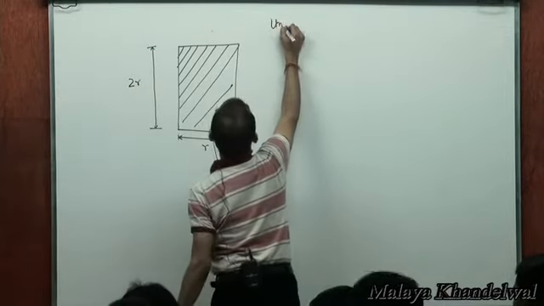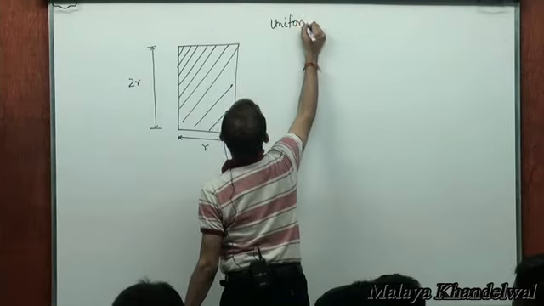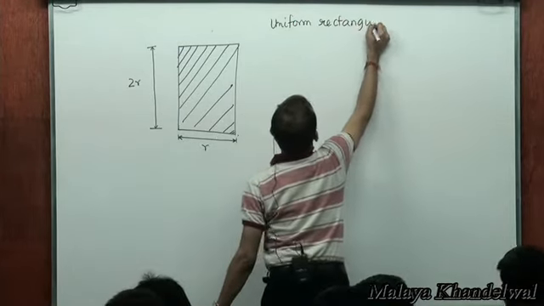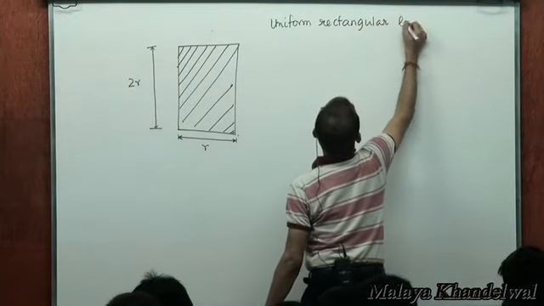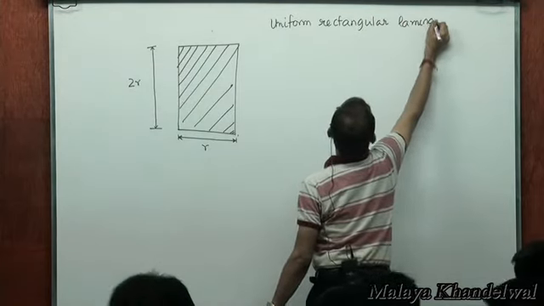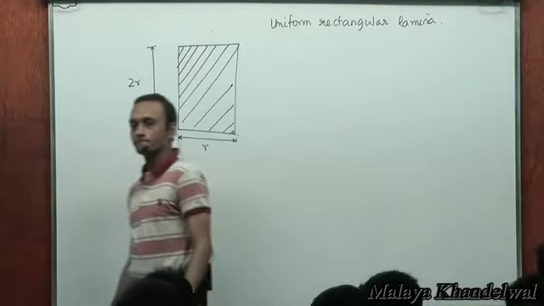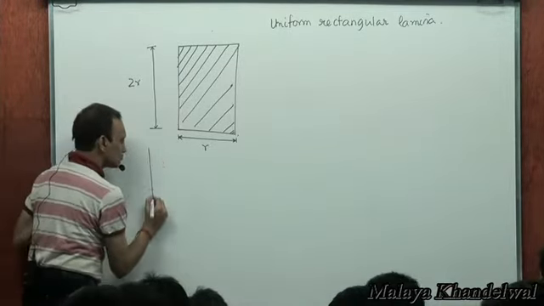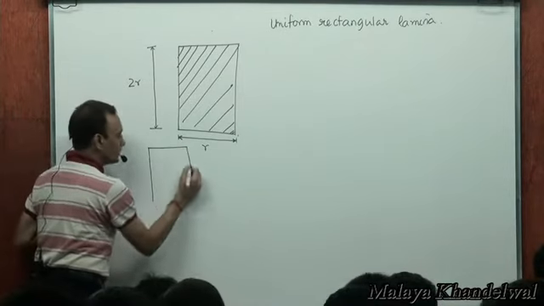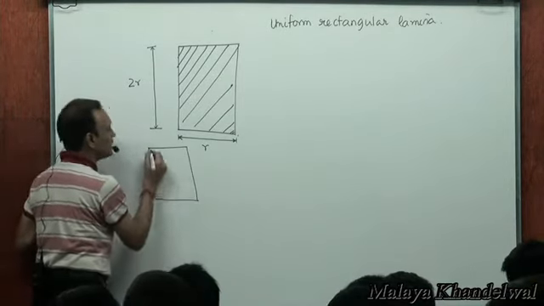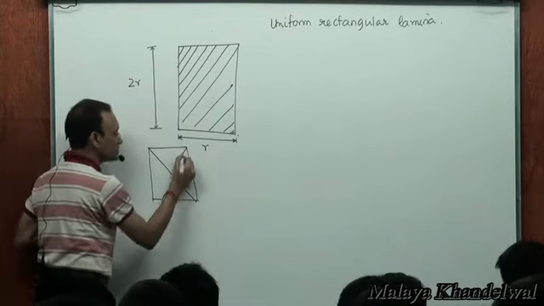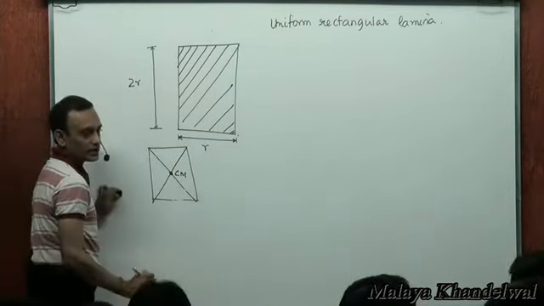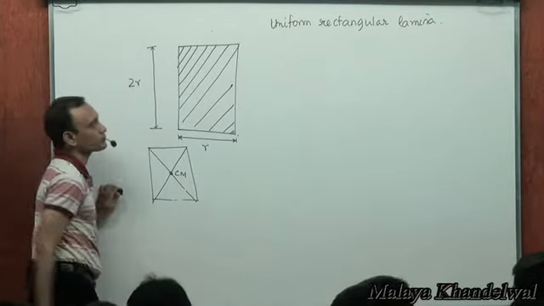Uniform rectangular lamina. Right? Now, where will be the center of mass of a lamina of this kind? Intersection of its diagonals. That will be the center of mass of this lamina, intersection of the diagonals.